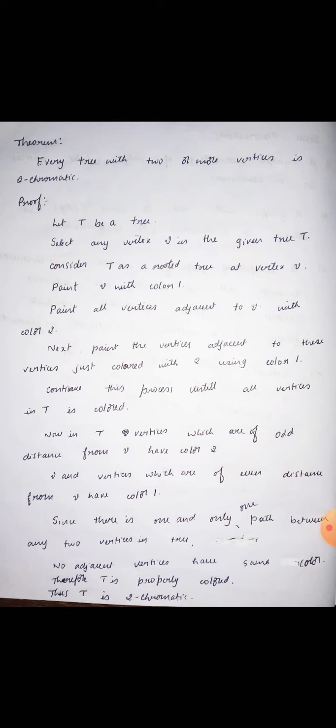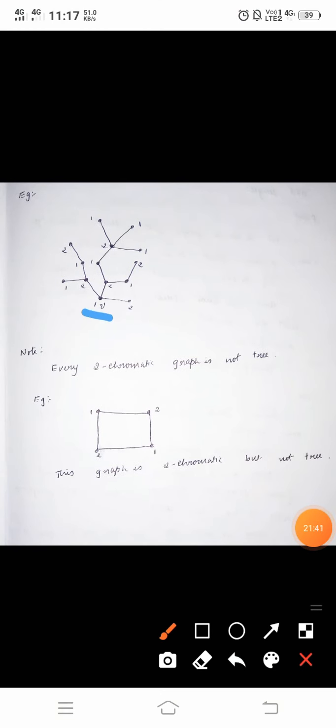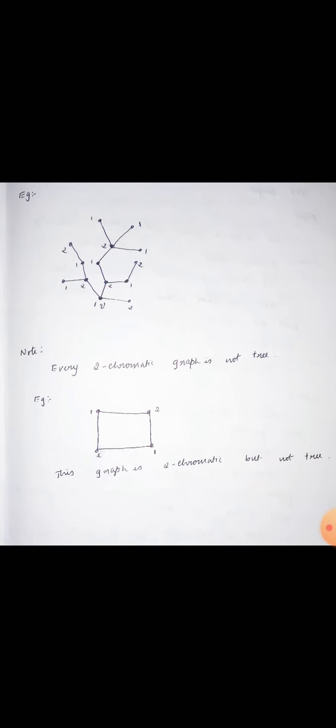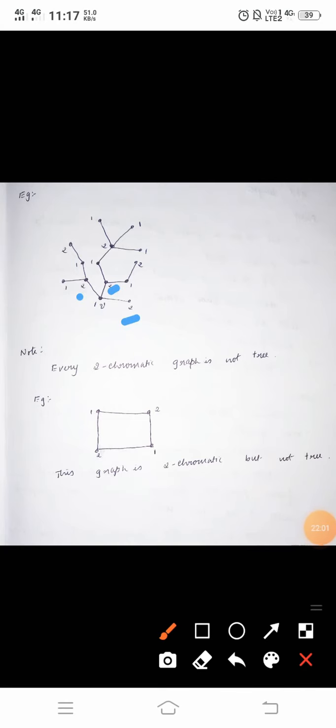How many vertices are adjacent to V? 1, 2, 3. 3 vertices are adjacent to V. We have to color the vertices which are adjacent to V with color 2. I have colored all these 3 vertices with color 2.